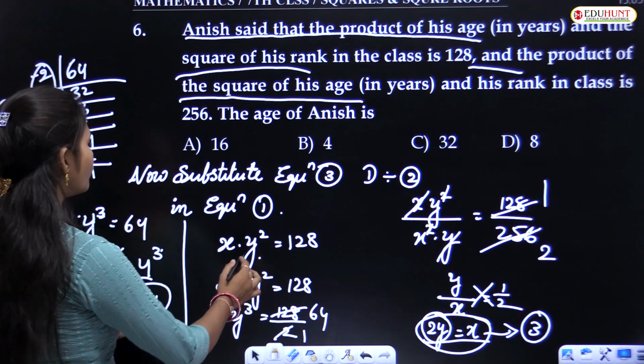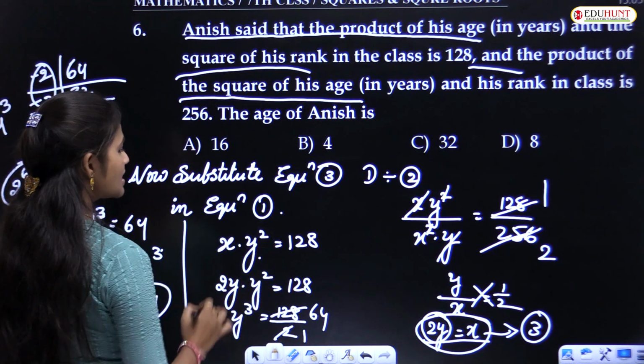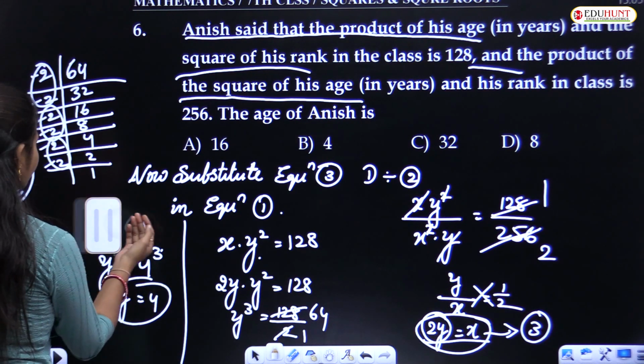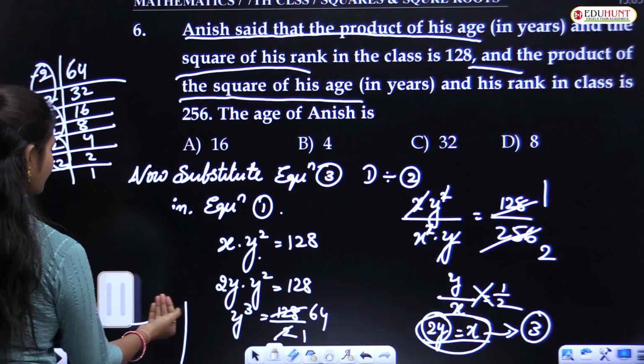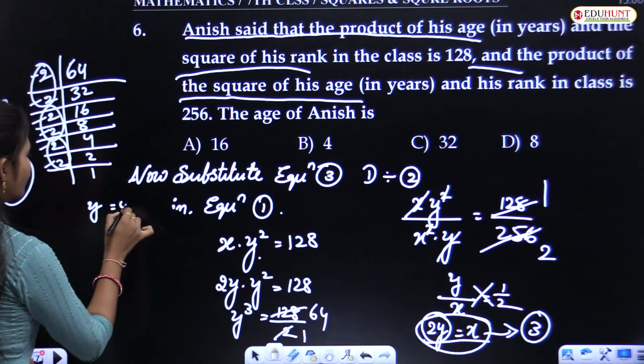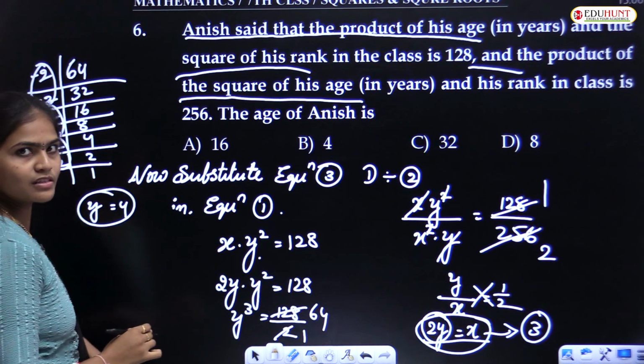Now substitute that 4 here. What you will get? 4 4s 16. Okay, so here we got that y is equal to 4, no? We got that rank as 4.